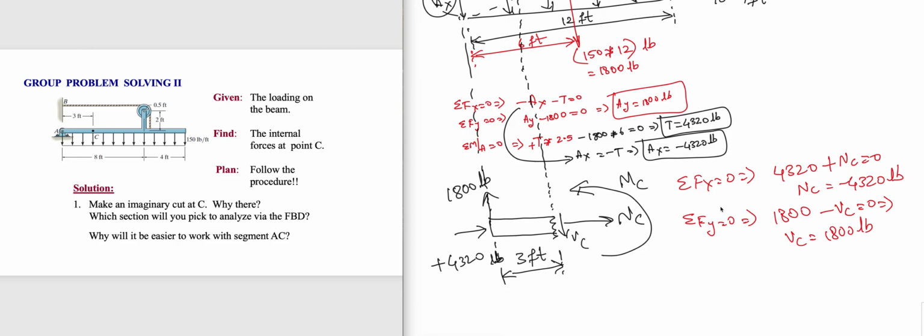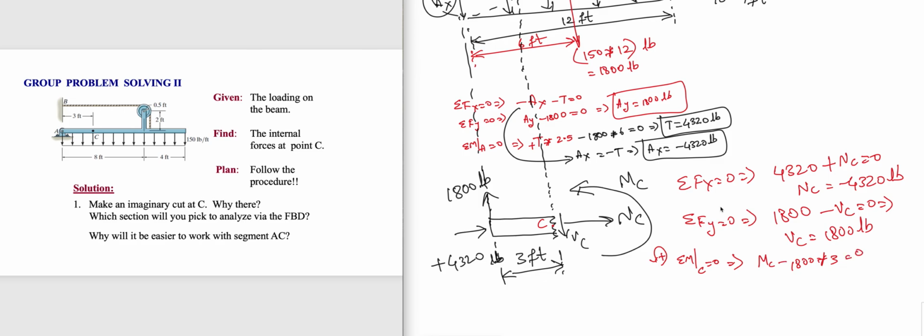Then sigma moments with respect to C equal to 0, assuming counterclockwise is positive, implies Mc, I assumed it's going counterclockwise, so I'm going to write positive, and I have 1800 times 3, that's clockwise, so it's negative, with respect to C is equal to 0.